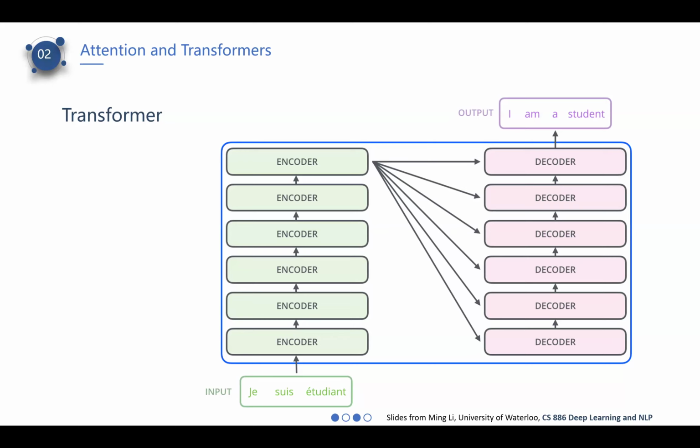French to English. The simple high-level idea is that we'll have several encoder blocks, and the output of the last encoder block will go to the decoder. In the decoder, again we have decoder blocks, and we do cross attention between the output of the encoder and this, and then we get the output, which will be "I am a student."